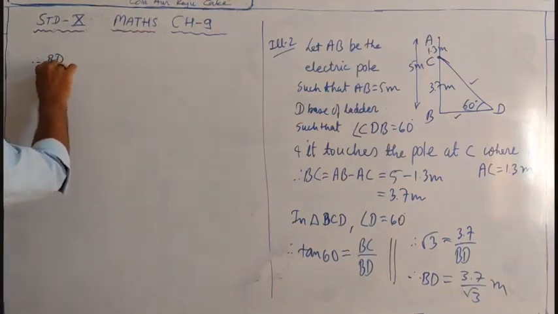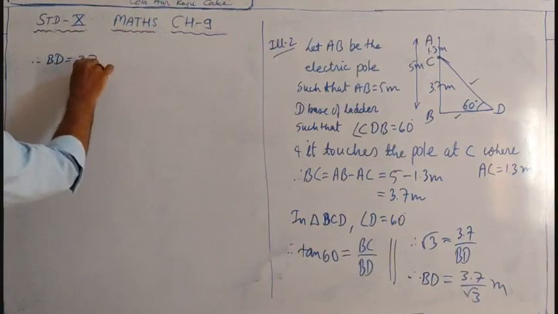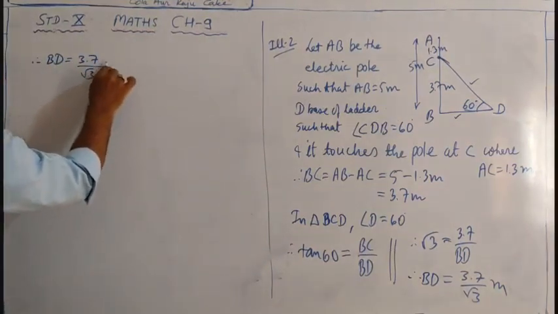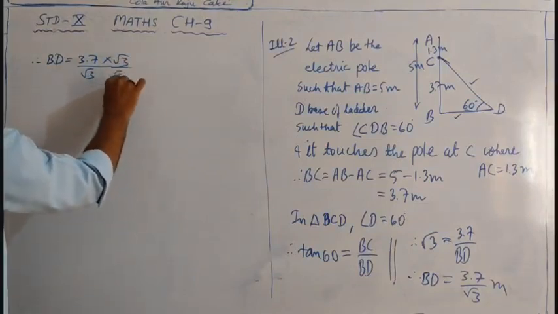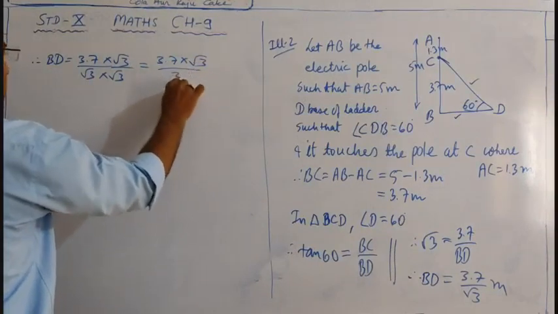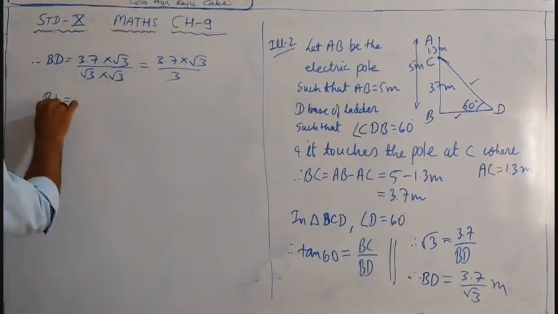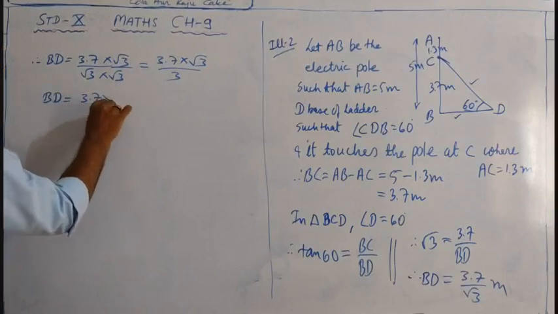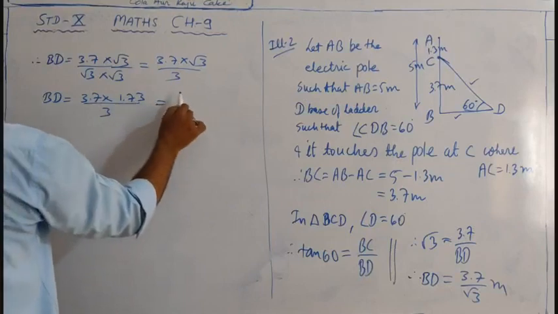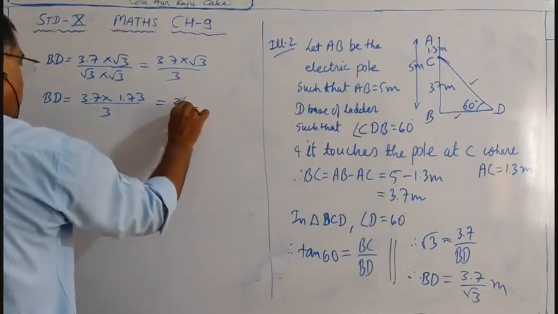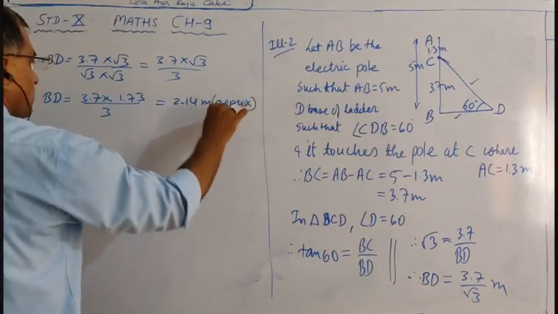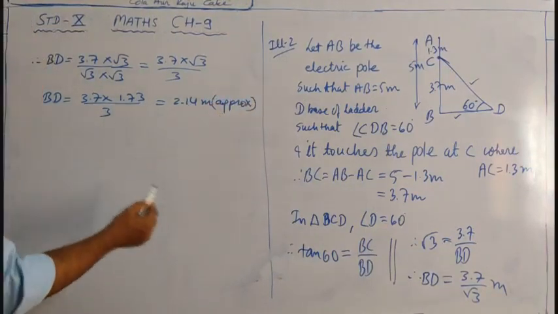Therefore BD is equal to 3.7 over root 3, we can rationalize the denominator, multiplying both numerator and denominator by root 3, we will get 3.7 multiplied by root 3 divided by 3. On simplification we get 3.7 multiplied by 1.73 divided by 3, so we get approximately 2.14 meter. This is the approximate base. We have to round off and take this value.